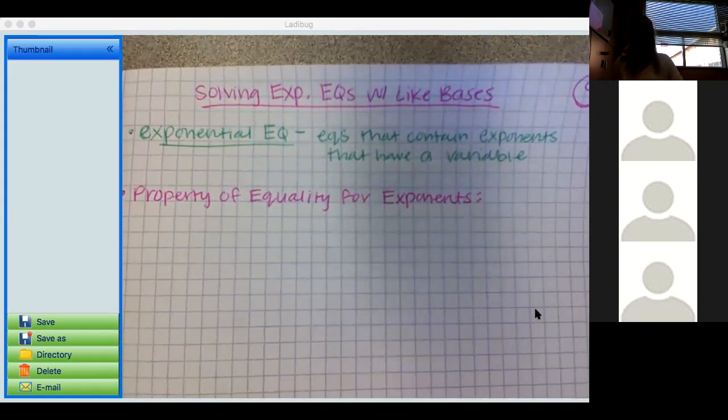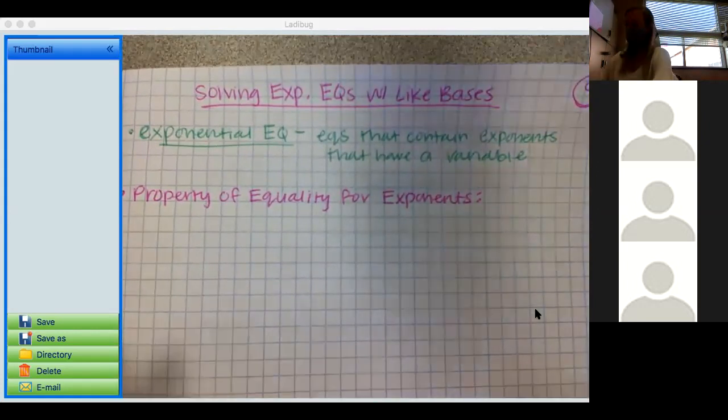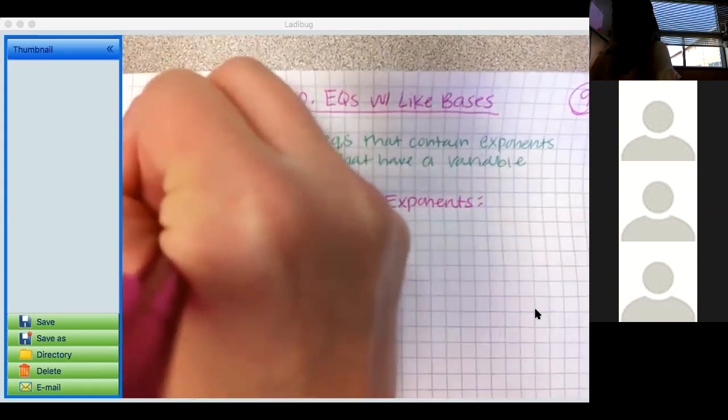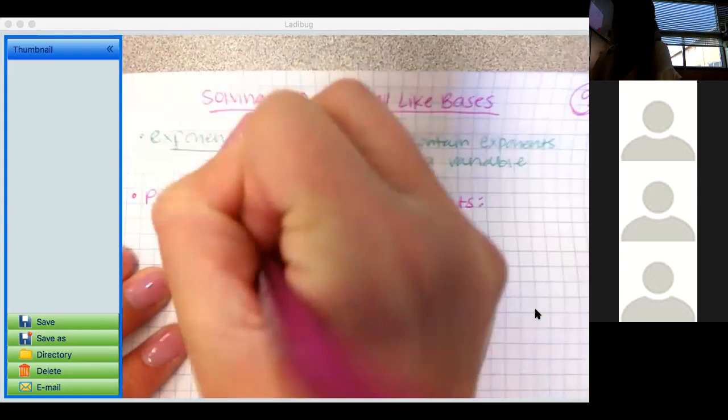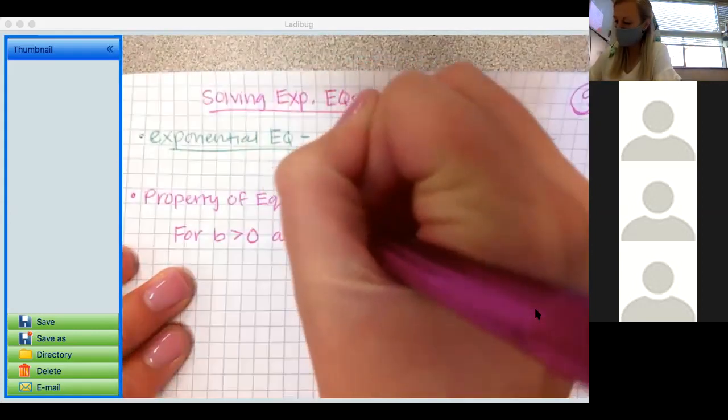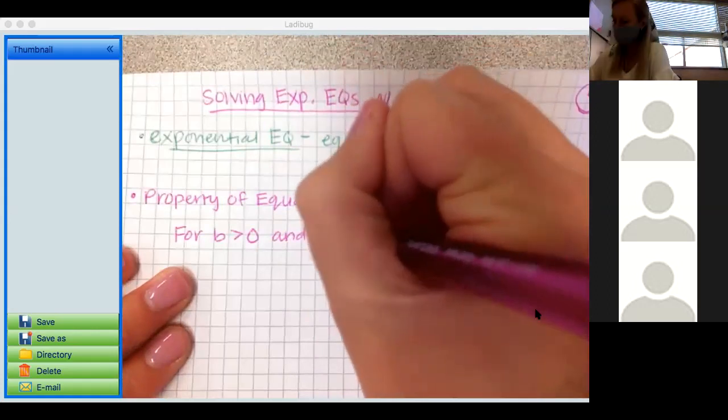All right, so there is a property of equality for exponents. So I am going to write it out for you guys. But then we'll talk about what it means, because I bet a lot of you have had teachers write this in the past, and then this was like your notes and you had no idea what it meant.